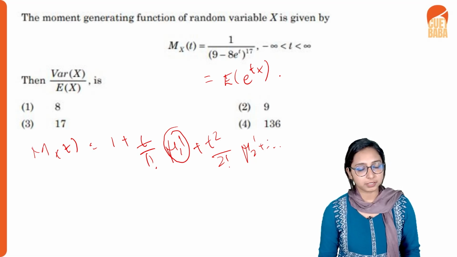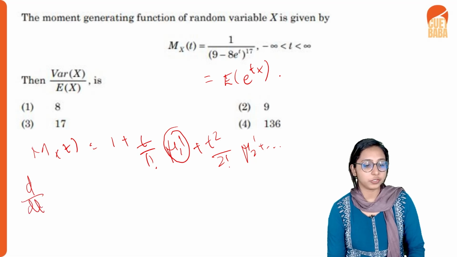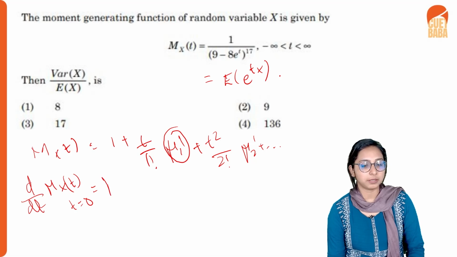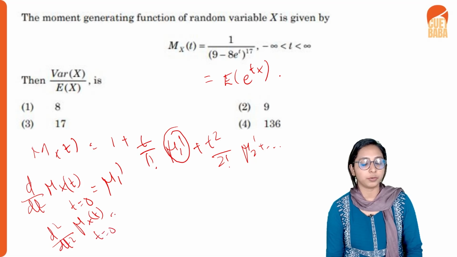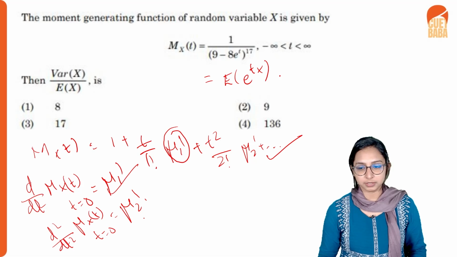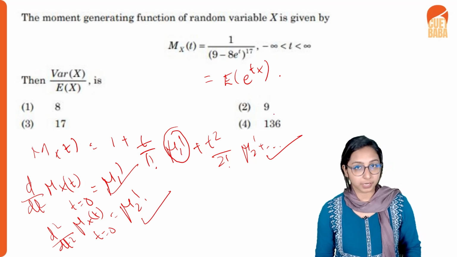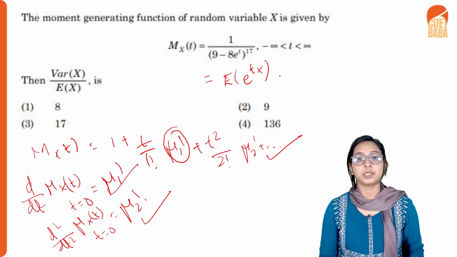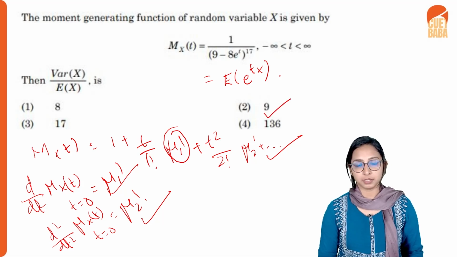Also we have the relation d by dt of Mx of t at t equal to 0 is nothing but mu 1 dash, and d square by dt square of Mx of t at t equal to 0 is mu 2 dash. So using all these equations we can find the ratio of the variance of x to the expectation of x, and it is 9. The second option, 9.